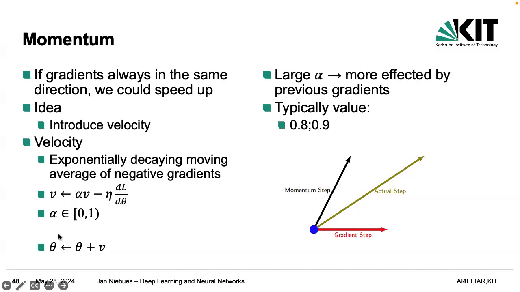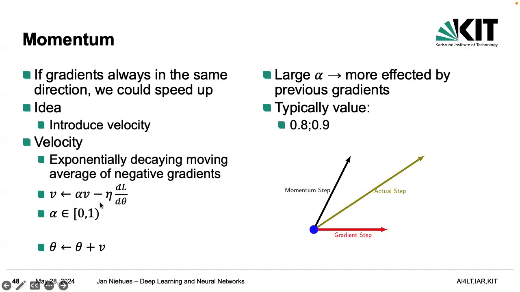So what you mainly do here is take your new velocity as your old one, but the old one is a bit decayed, so you don't take everything, but maybe, for example, 0.8 or 0.9 of the previous one. And then you're adding the new direction that you have.